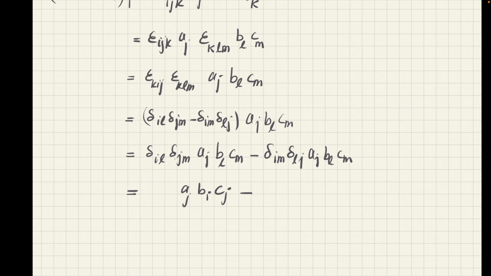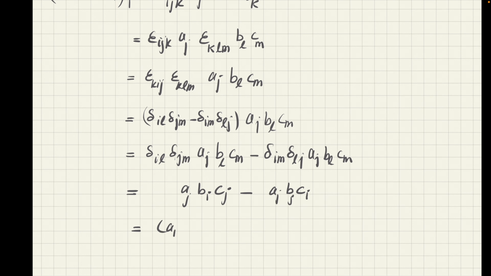Here the same thing. This delta will kill the sum over M and turns M to an I. So the last one is Ci. And this delta will kill the summation over L and turns L to a J. So this becomes Bj, and then I have Aj. And then I can write them here in this form.